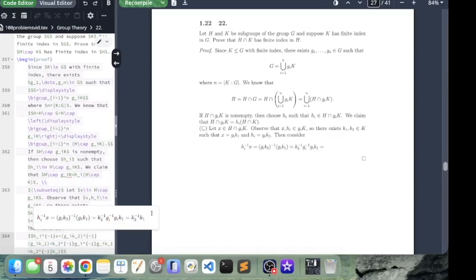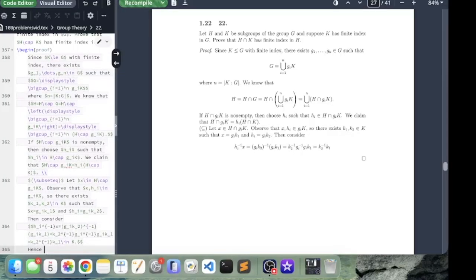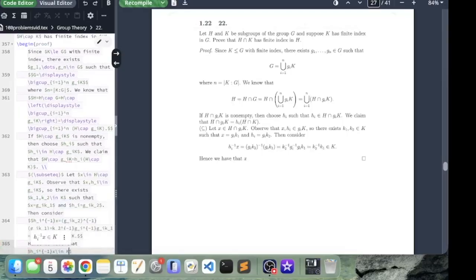But elements of K are closed because K is a subgroup of G, so this is in K. Hence, h_i inverse x is in K.